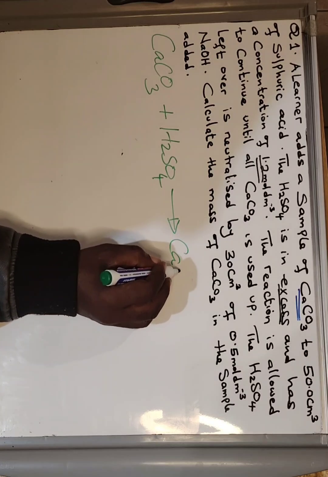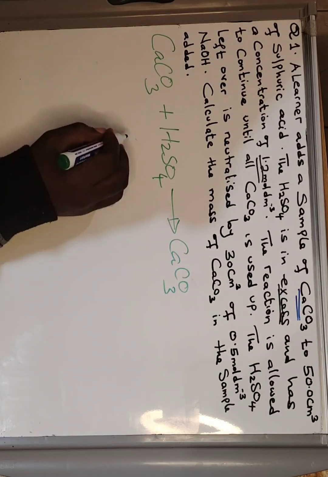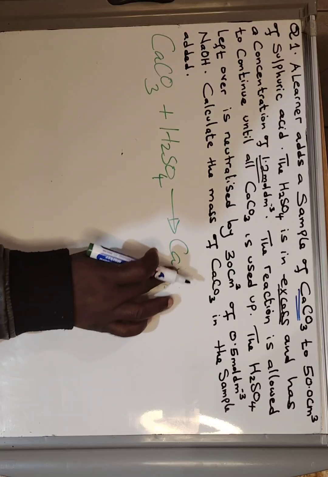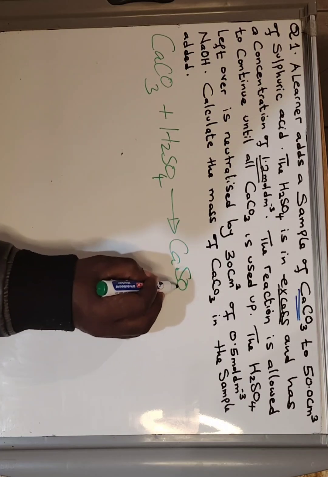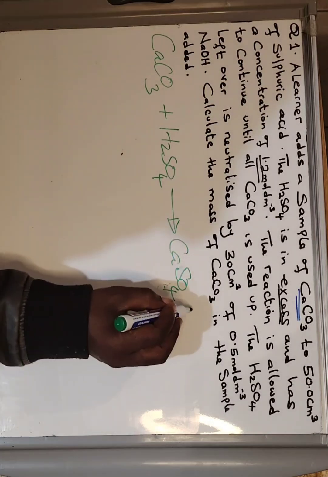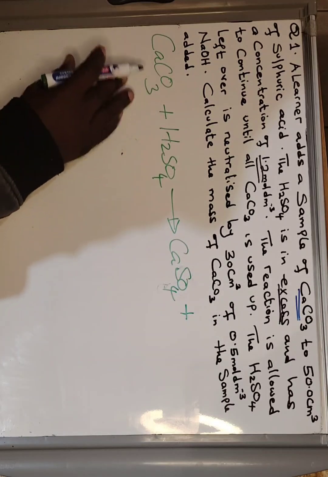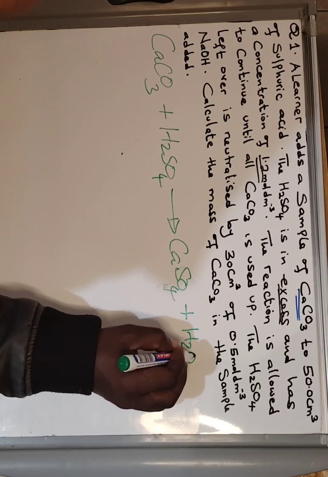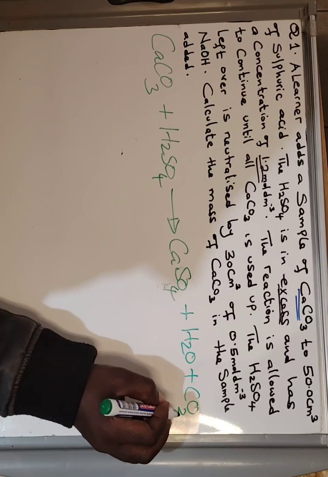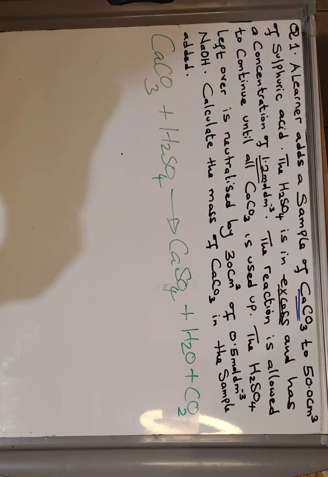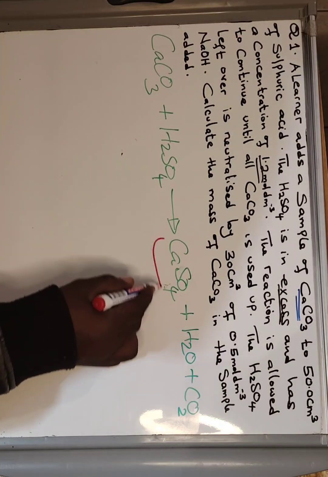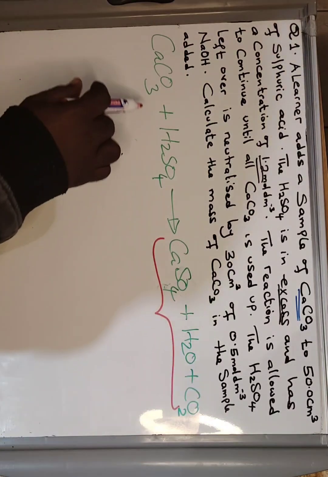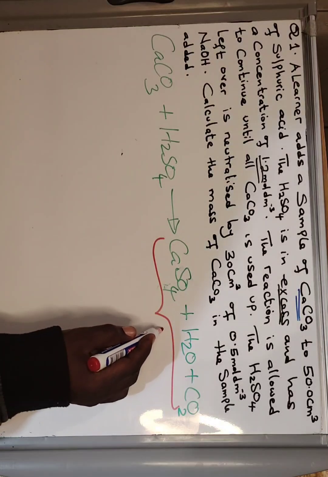We get calcium sulfate, both are valence 2, plus water plus carbon dioxide. So this is the reaction we get. We also have to remember that sulfuric acid was oversupplied, so we have excess here.